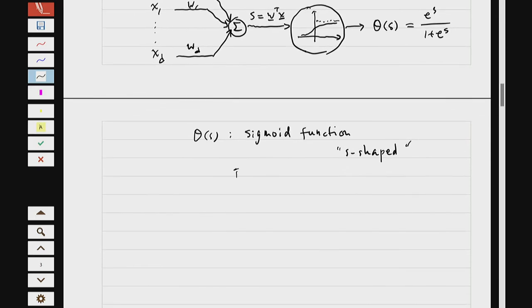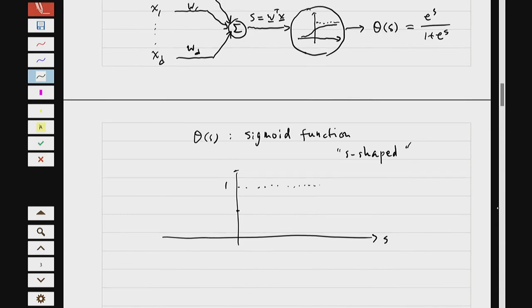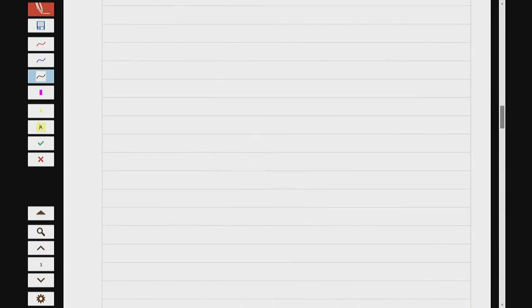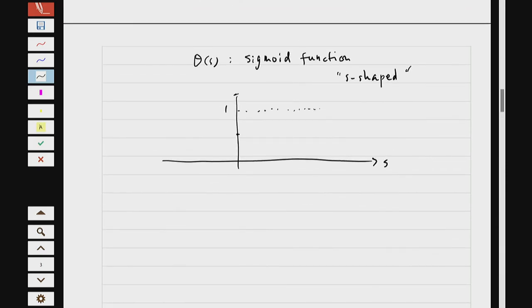If we draw this out a bit more, you have s here, and θ(s) on the y-axis. It has an asymptote of 1. And at s equal to 0, what is it? When s is equal to 0, what is θ? Yeah, half. So it's symmetrical, it turns out.